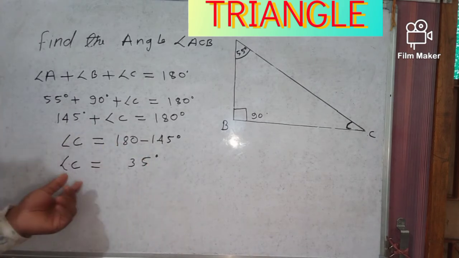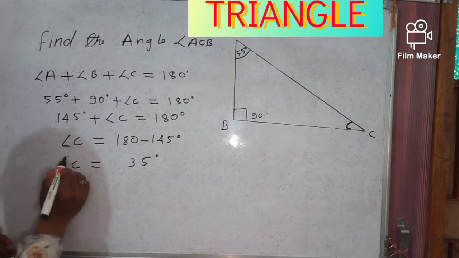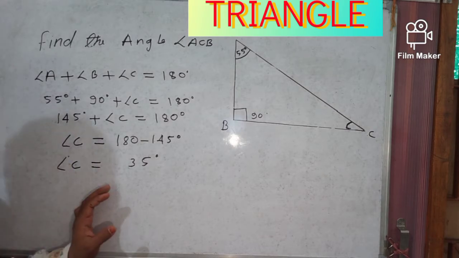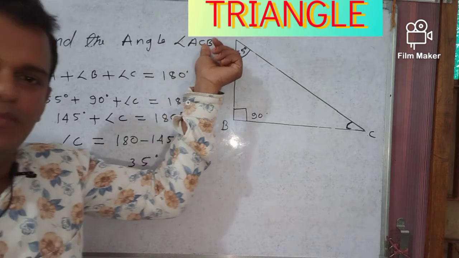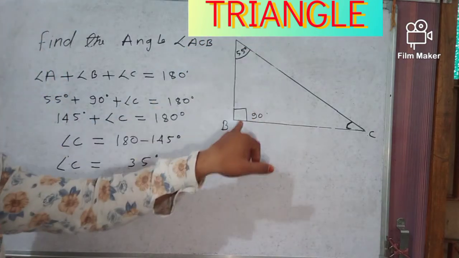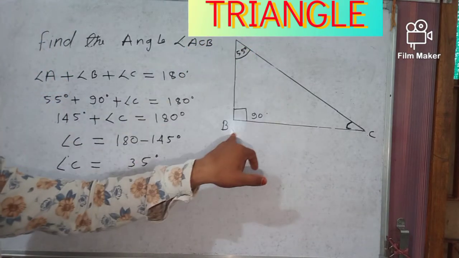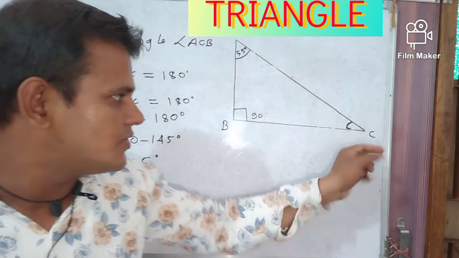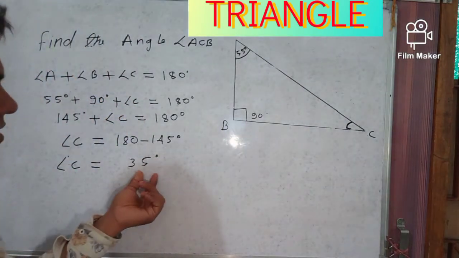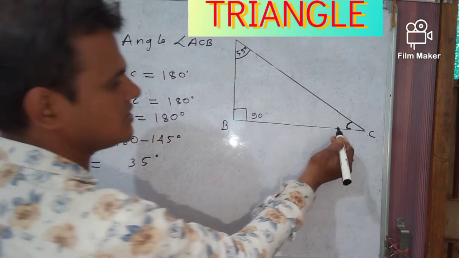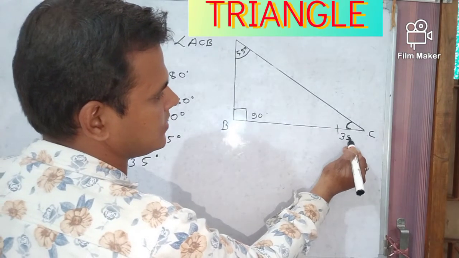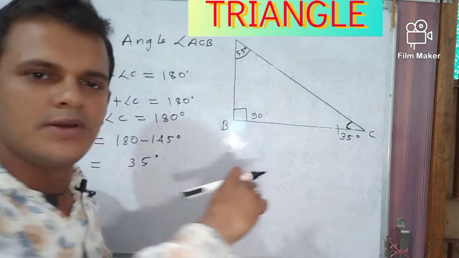So angle C, which means angle ACB, is 35 degrees. So this angle will be 35 degrees, right friends?